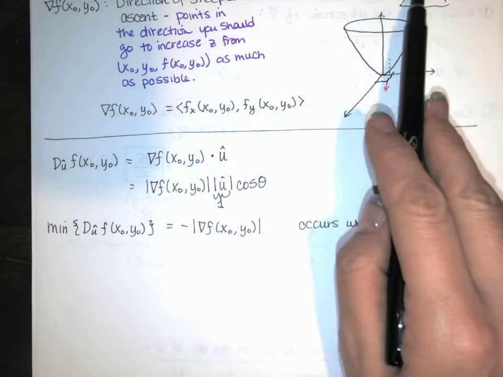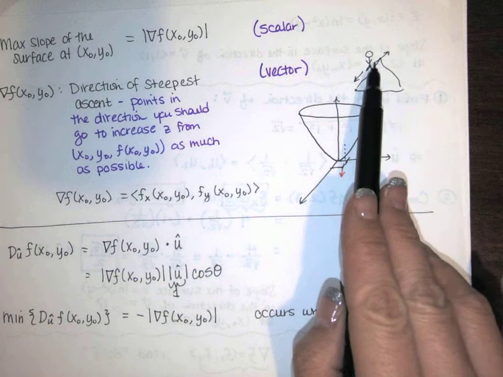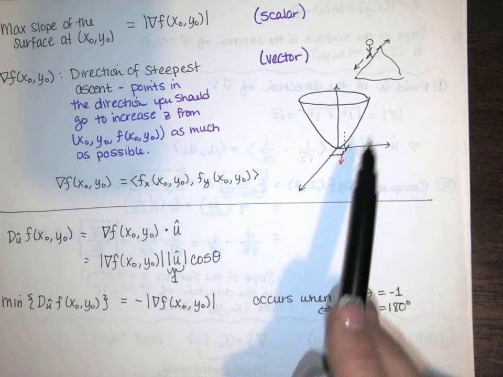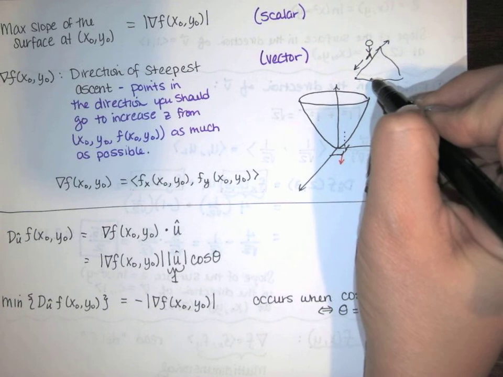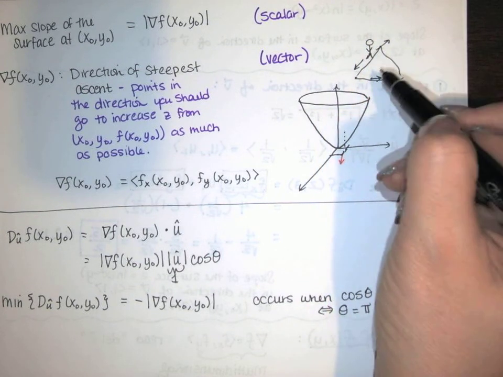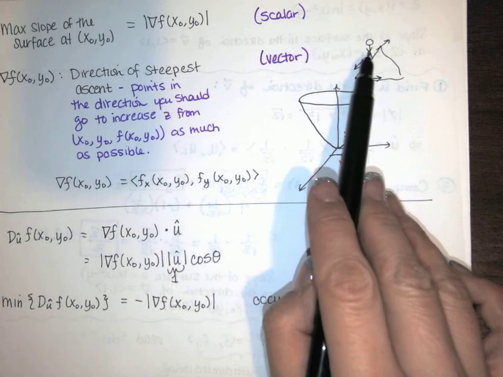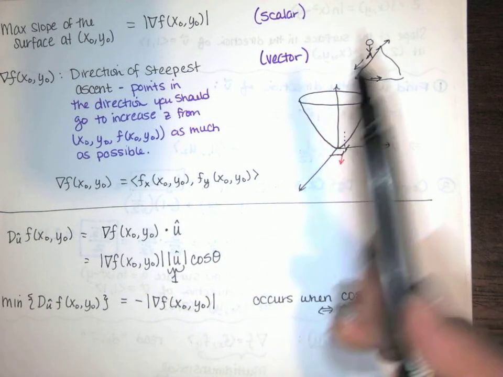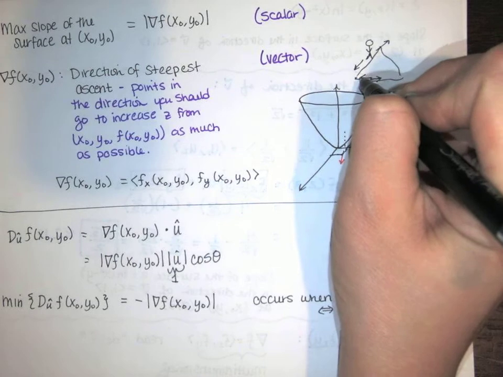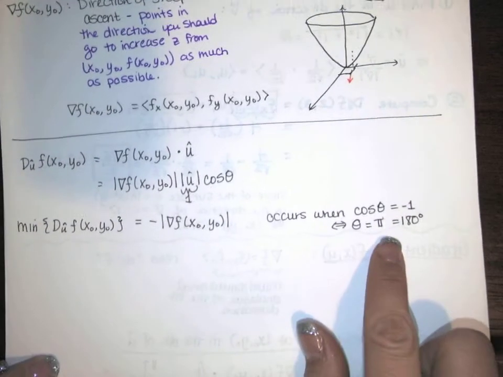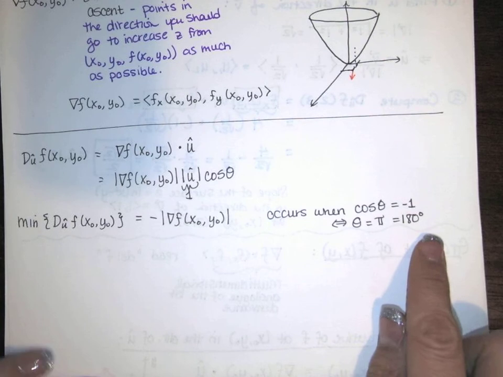So the gradient was saying go that way, and it's actually a vector in the xy plane. It's saying down here, if you head that way, the z-values are going to increase as much as possible. The question says, well, how do I minimize the z-values as much as possible? Where's the steepest slope in the opposite direction? Well, it turns out you just go in the opposite direction. Go that way instead. So you're going to change your vector by 180 degrees.